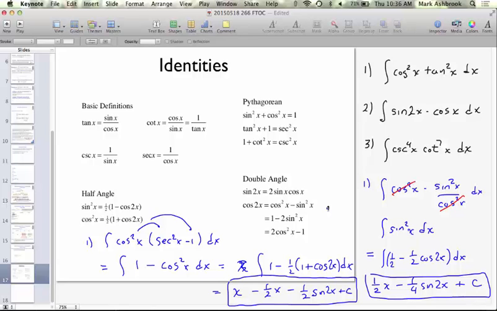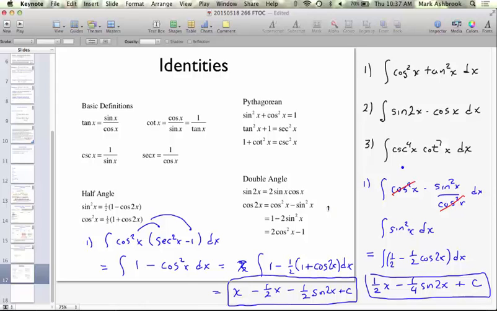If you got it to either sine squared or 1 minus cosine squared, that's basically half the battle, so 5 points, and then solving it correctly from there, that's the other 5 points. Use your best judgment.